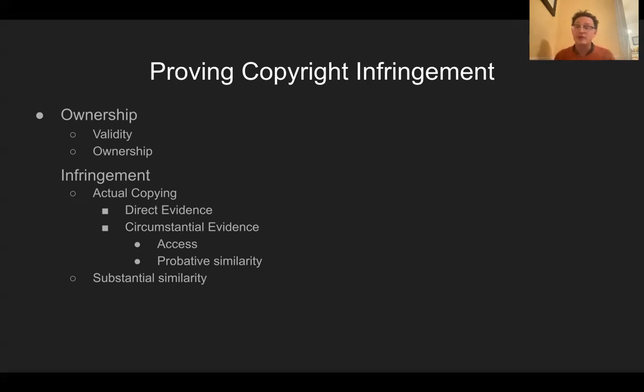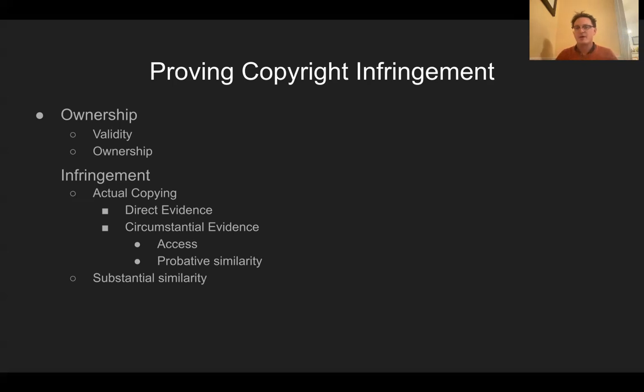Okay, so if we have to infer actual copying from circumstantial evidence, how do we go about doing that? Well, we've got these two factors, access and probative similarity. And essentially what courts do is balance the two against each other. In other words, the more evidence of access, the more you can show that access to the work was available, the less probative similarity you need.